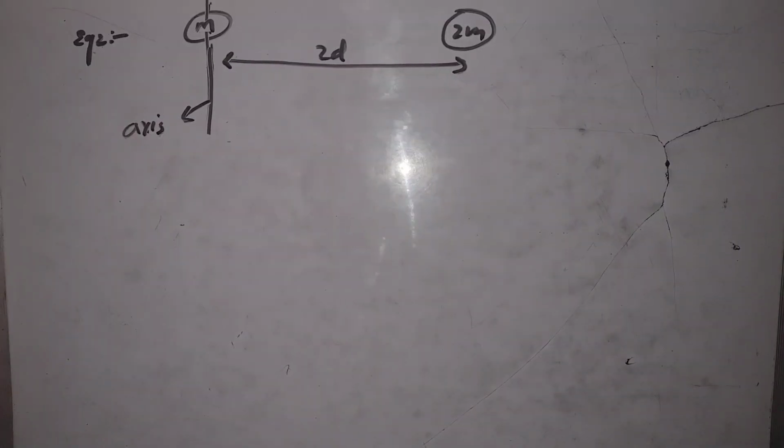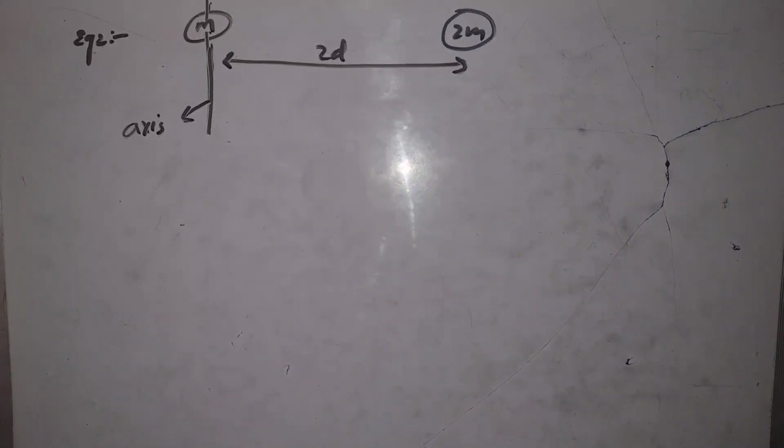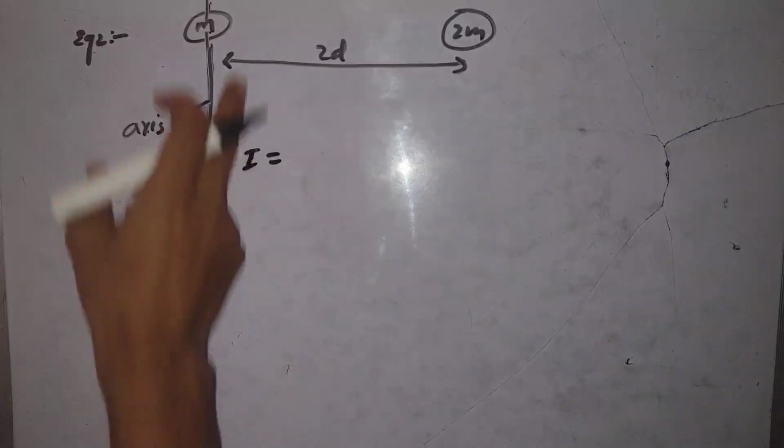This is the second example. Again, we have to find the moment of inertia of this system along this axis, if the axis is passing through the center of the first body, that is of mass m. We can calculate it simply. It's very easy. What is the moment of inertia of this particle?